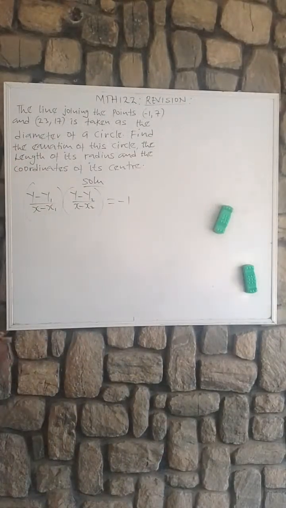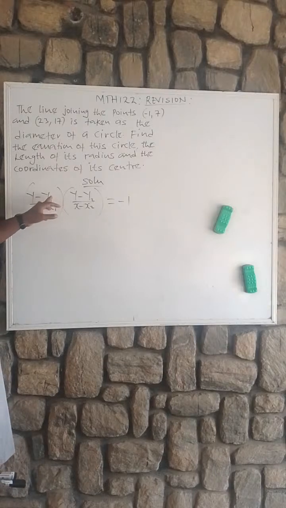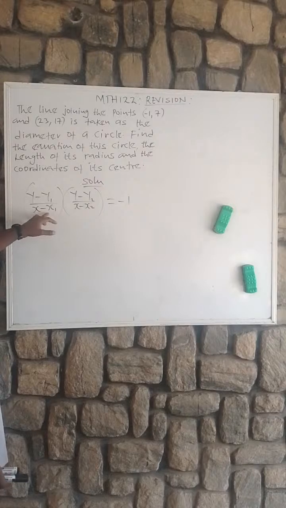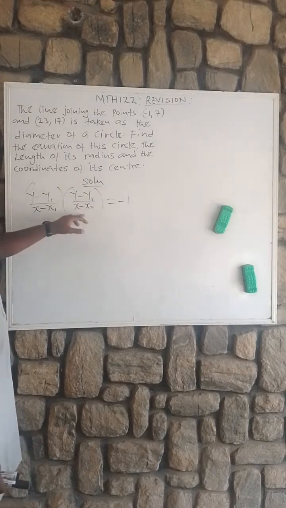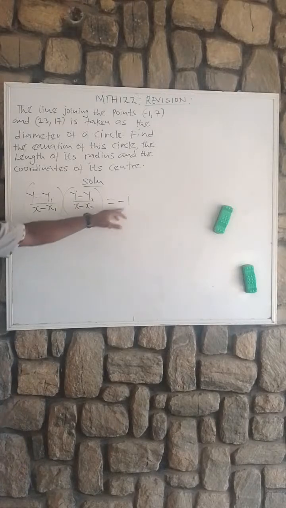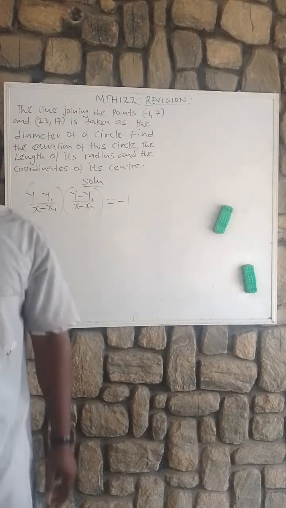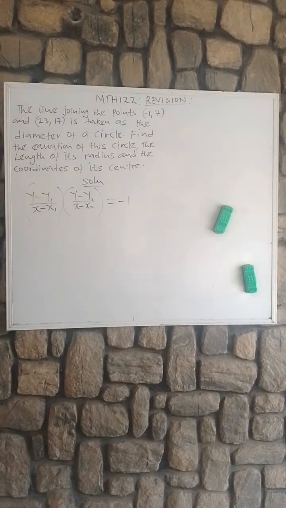So here we have (y minus y1) all over (x minus x1) times (y minus y2) all over (x minus x2) equals minus 1. Is that clear? Okay.